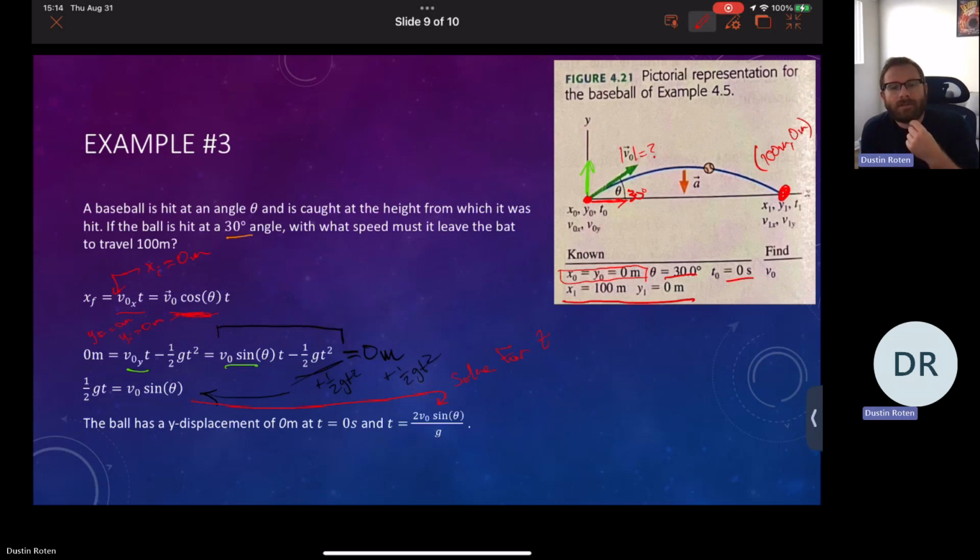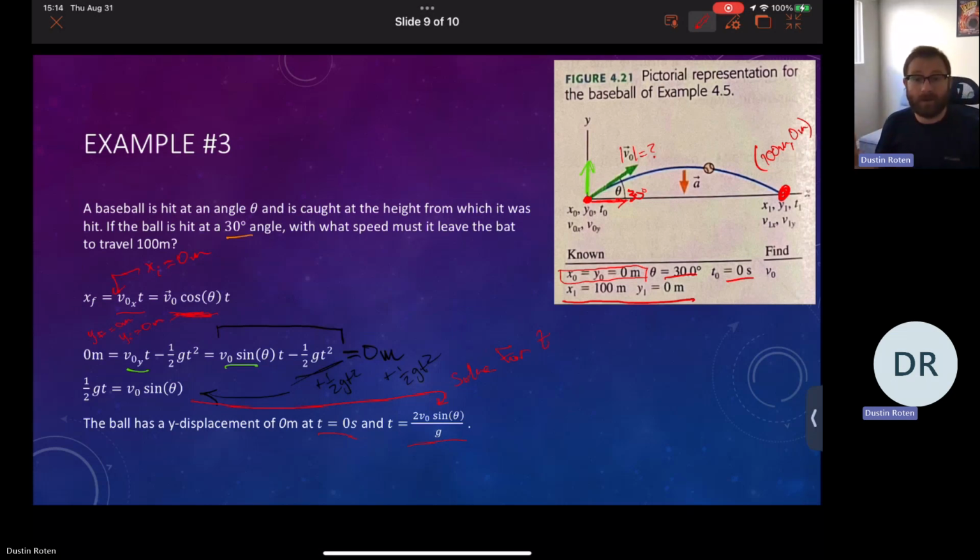So here's the thing. When we solve for t, we get something really interesting going on here. So the ball has a y displacement of 0 meters. That means it is on the ground at 2 places. It is on the ground at t equals 0. So when the problem first starts, and then it is on the ground at this value. Like I said, we may or may not even know what all these are, but we do know that this is an expression for when that ball is essentially having 0 vertical displacement.